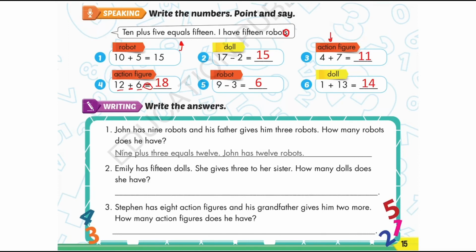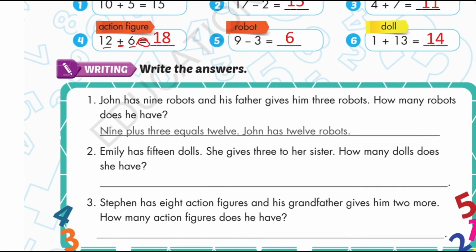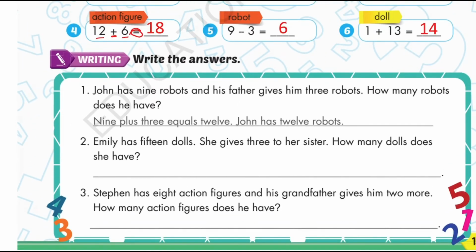Next part is about writing. It's your homework to write down the answer. I will show you how. I'll show you the example. Number 1, John has 9 robots. Okay, you just write down 9 here. And then 9 robots.